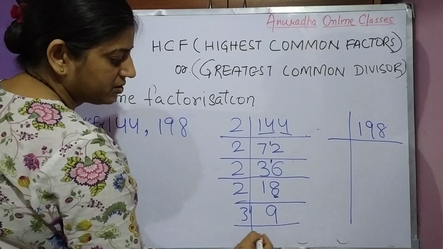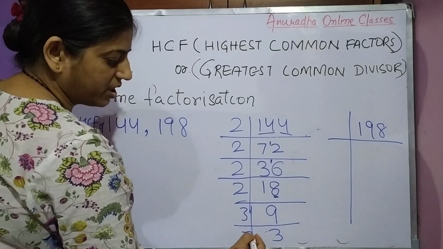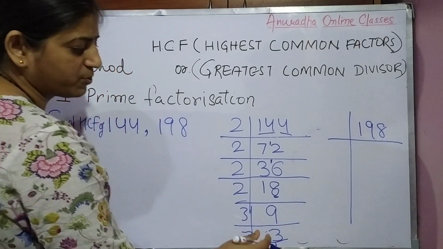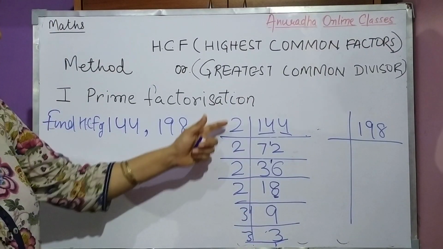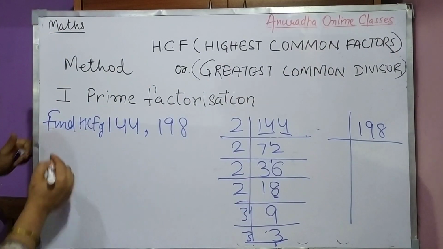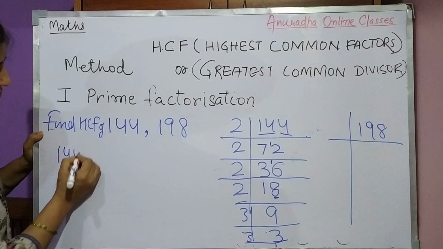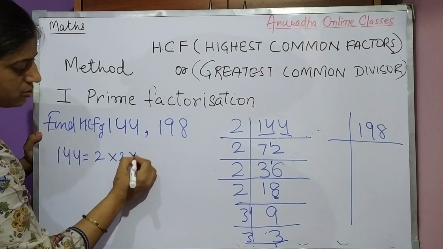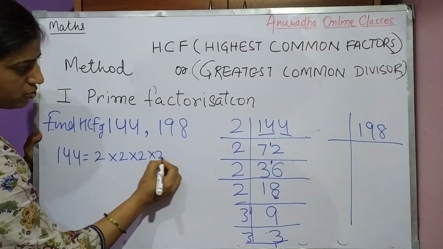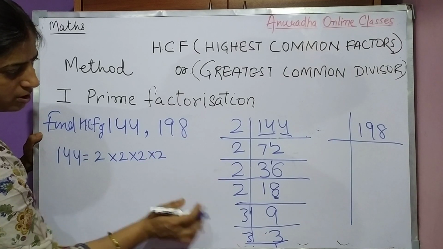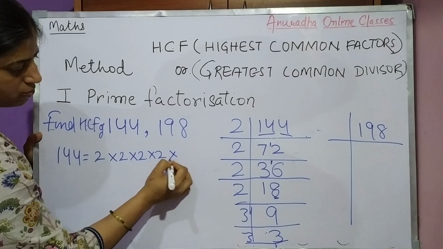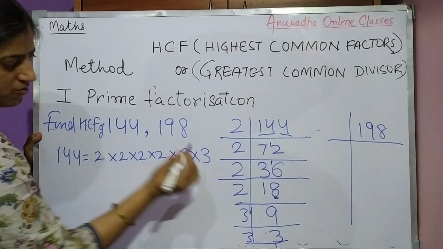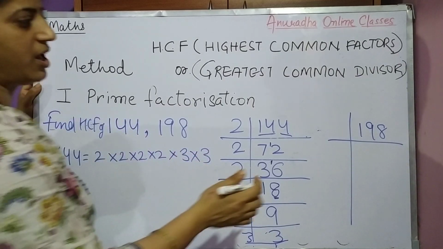Now 3, 3 threes are 9, then 3 ones are 3. जब तक 1 नहीं आ जाता, we are doing this. So we got the factors of 144, that is 2 into 2 into 2 into 2 into 3 into 3, 4 times 2 and 2 times 3. Right? Now come to the next.